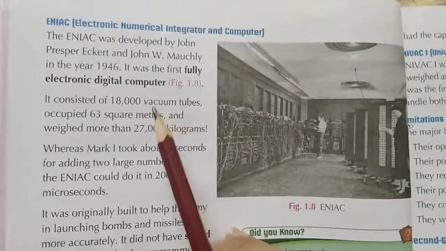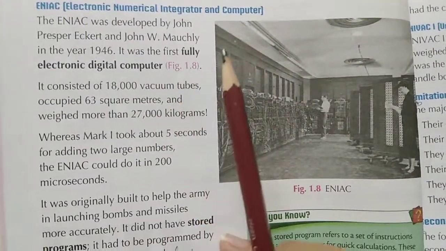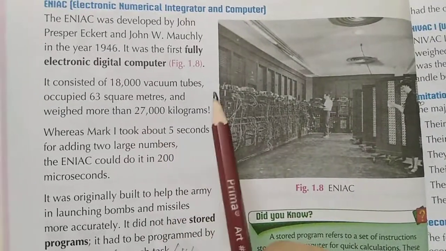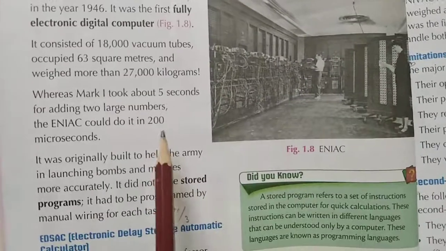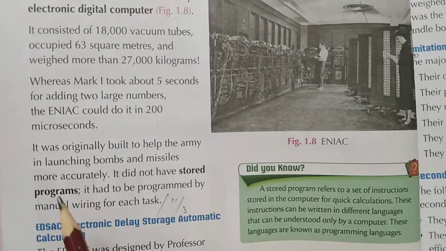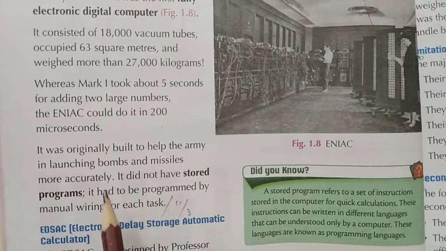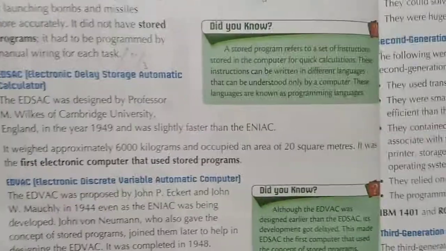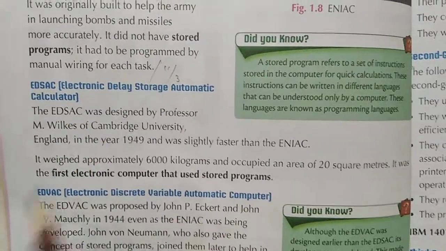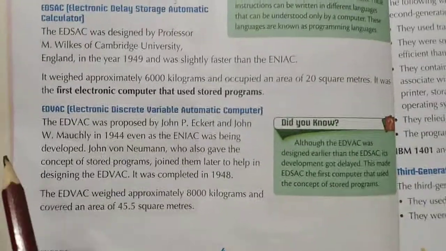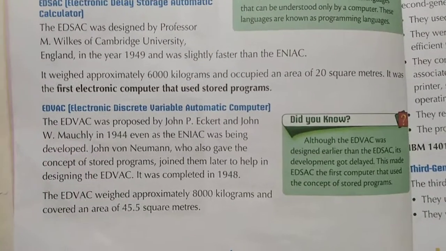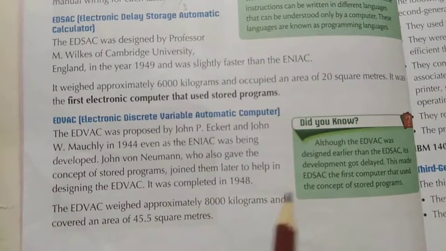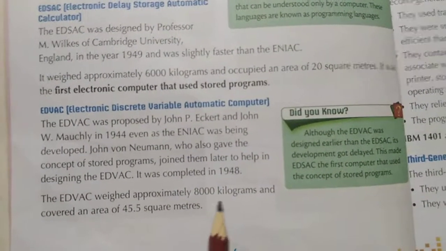Then there comes the ENIAC. It is a little more advanced than that. It used more space, but it is faster, and it does not store things like programs or tasks. Then comes the EDSAC. EDSAC has different properties, but it is mostly known because it can store programs.